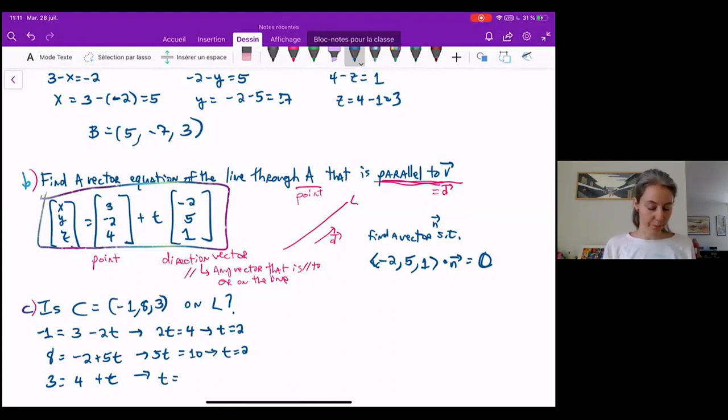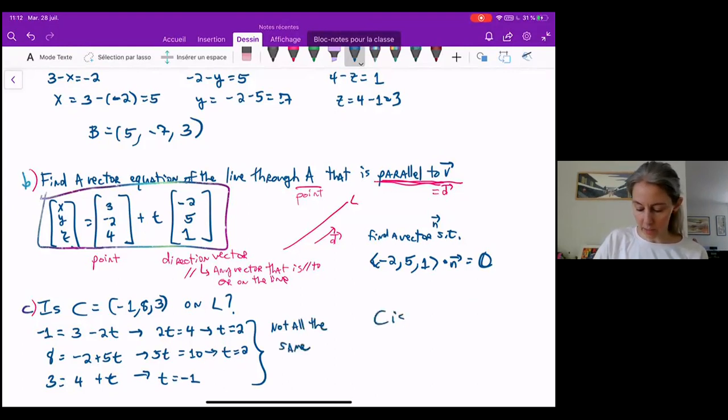Good job, Nathaniel. Exactly, this would give me t equals -1. Are all of these the same? No, so these are not all the same. C is not on the line.